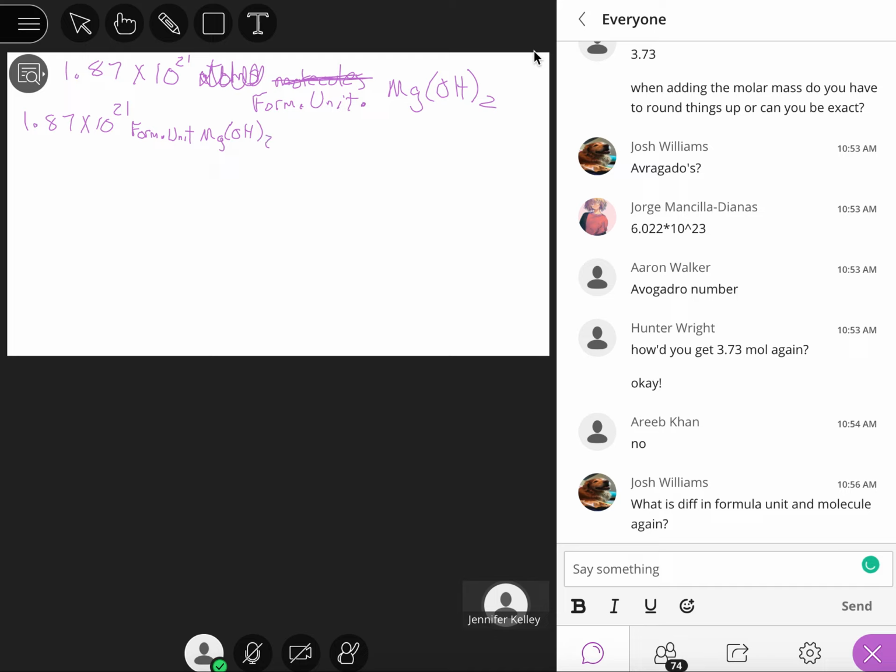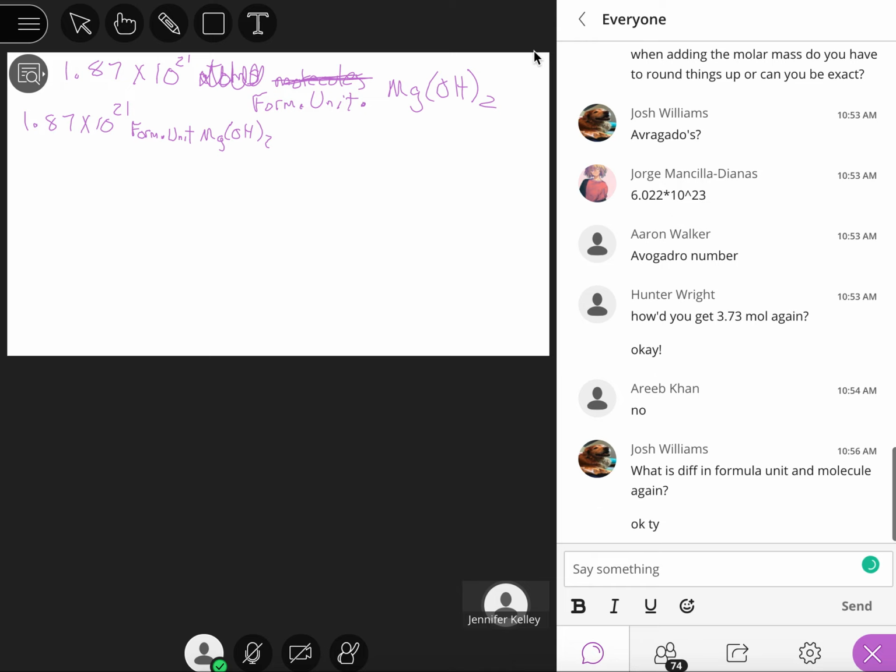Formula units are for ionic compounds and molecules are for covalent compounds, but that's the only difference. All right, so we're going to go from formula units to moles. We're going to use Avogadro's number. 10 to the 23rd or 10 to the 22?